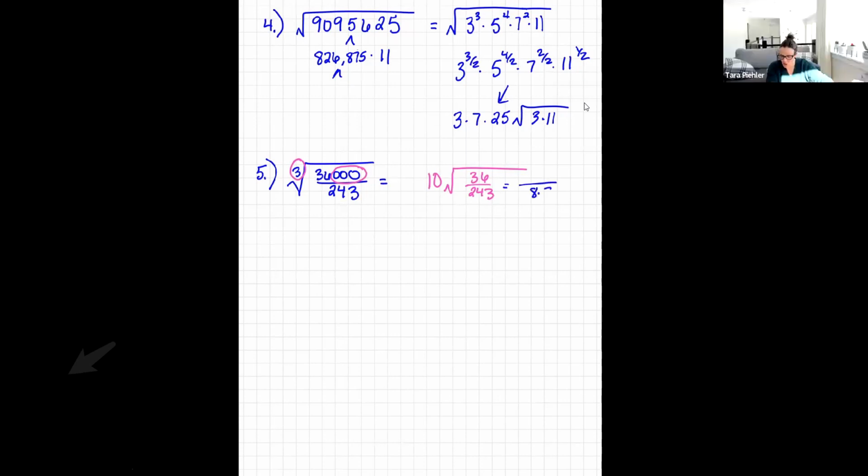And then 6 times 6, right? All right, so we have 10 times the cube root of 2 to the 2 times 3 to the 2 over 3 to the 5.